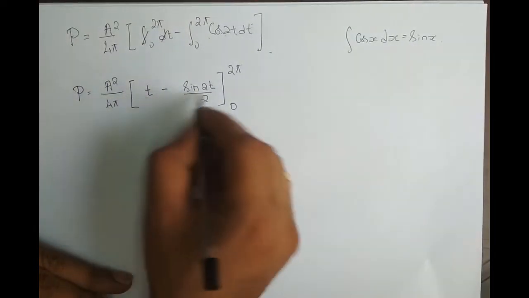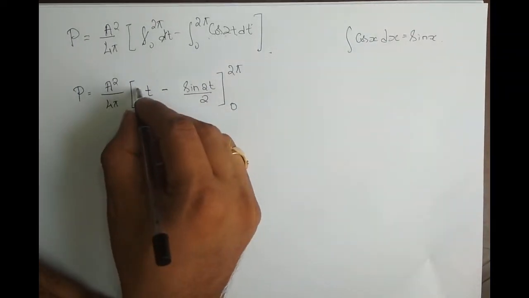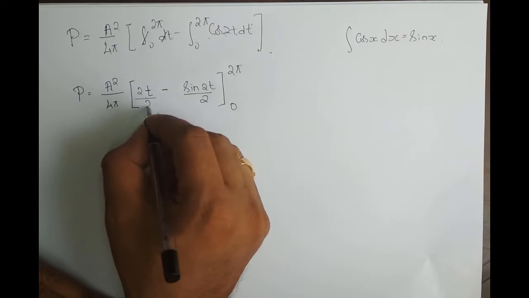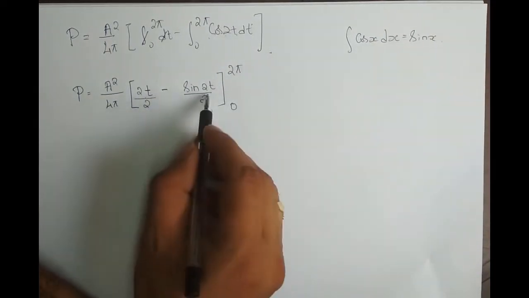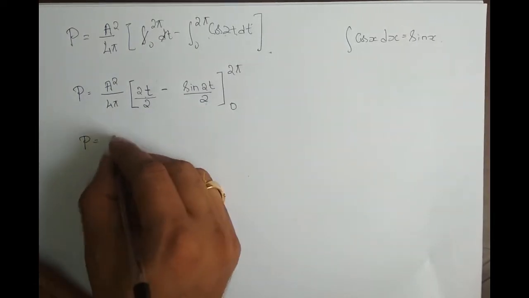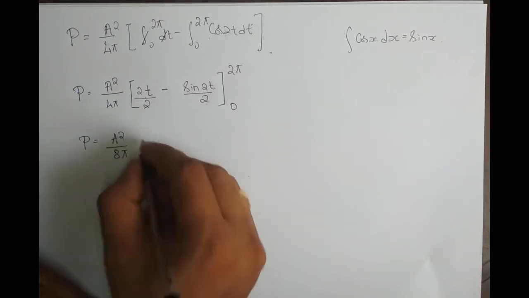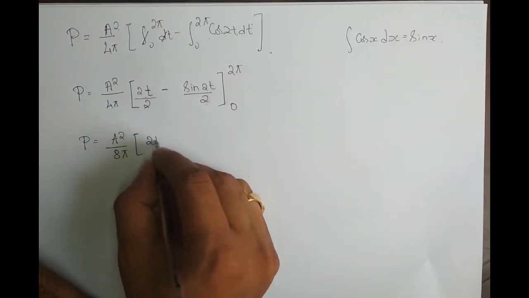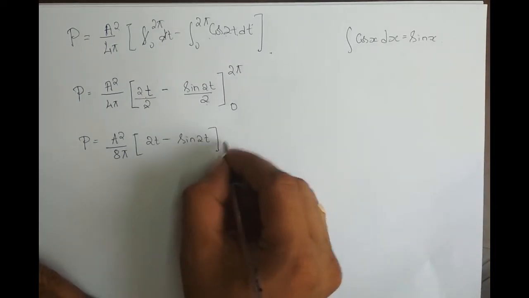Now I'll multiply and divide 2 to this first term. So these 2 in the denominator is common, so I'll take it out. So P is equal to a square divided by 8 pi into 2t minus sine of 2t with the limit 0 to 2 pi.